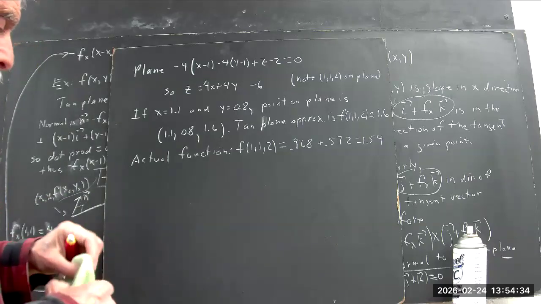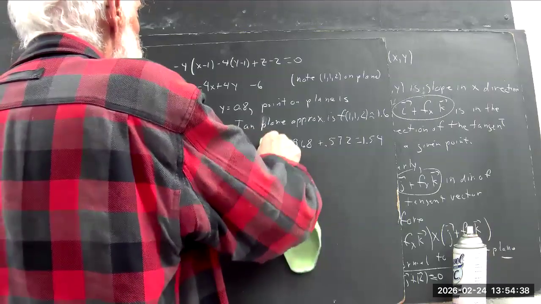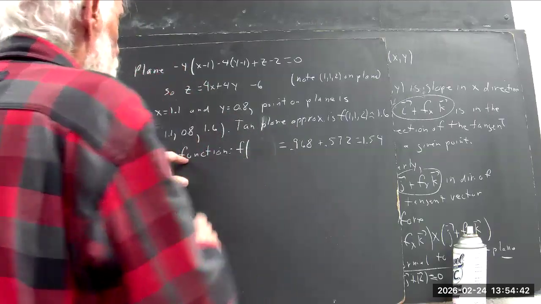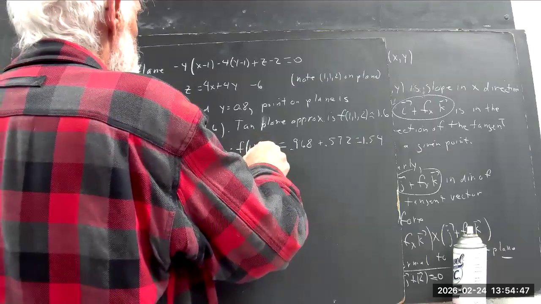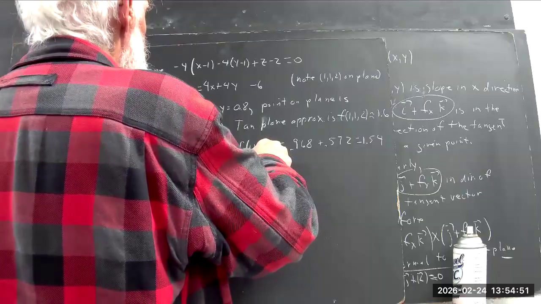I wrote all kinds of stuff down that I shouldn't. I said 1, 1, 2, because that's what I've been doing. Let's make the statement correct. The actual function f of 1.1, 0.8.